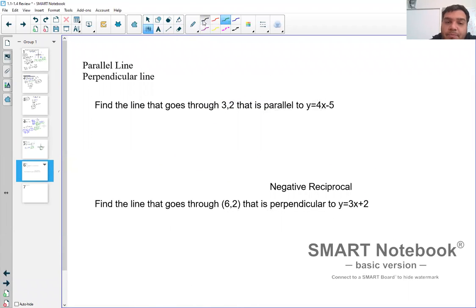For this one, we're going to find a line that goes through (3, 2) and that's parallel to 4x minus 5. When you see the word parallel, you take the slope from this one, which is 4x minus 5. So the slope here is 4. Then you're going to make a line, y equals mx plus b, using this point.